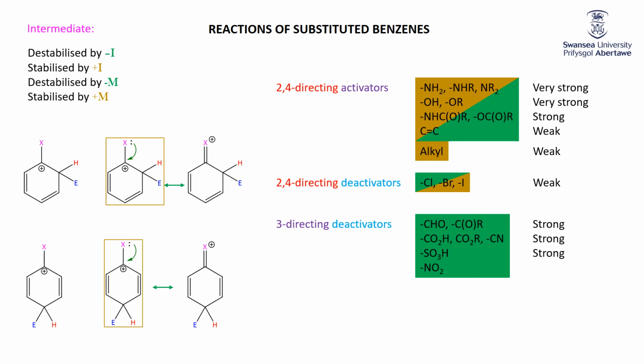You've got strong, strong, strong, and then very strong. Put a nitro group on a benzene ring and you pretty much really deactivate it towards further reaction. So lots of information here. This is probably the most important thing to take away with you in terms of applied knowledge, but it would be nice if you understand why these are as they are.